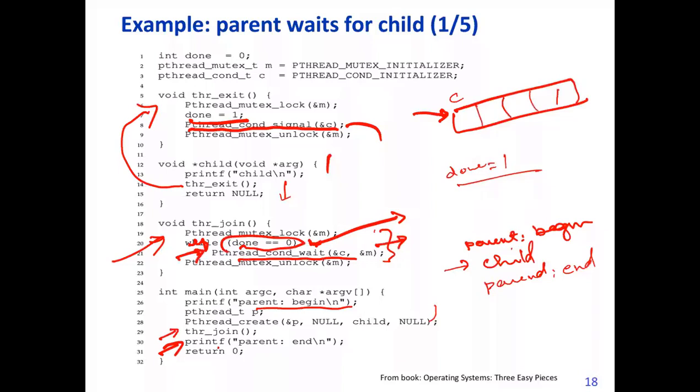Again, these two, the condition wait and the signal, are nothing but to put the running thread, let's say the parent thread, to sleep. When the parent executes this, it will be put into a queue that is given the name C. So it will put, say, thread T1 into sleep. Who will put T1 into sleep? The OS will put T1 into sleep.